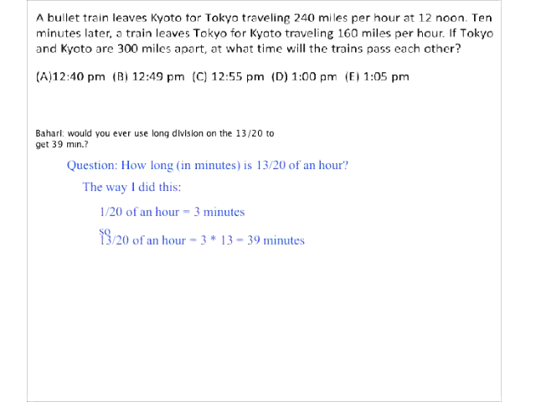On the other hand, if you have to do math, it's still not long division. If you have to work this out, what's the math? How do you convert something to minutes from hours? Yeah, you do it times 60. So you'd be doing 13 over 20 times 60.